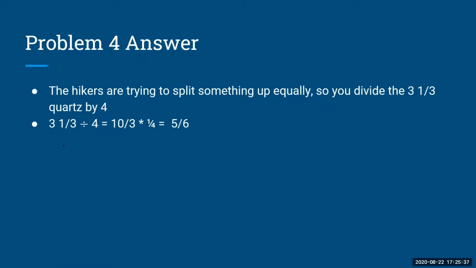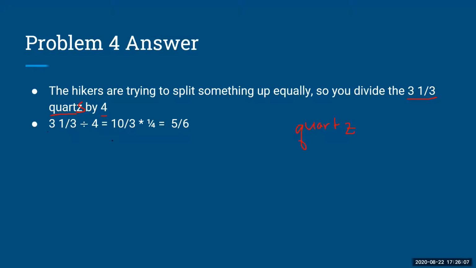Okay, so hikers are trying to split something up equally, so you divide the 3 1/3 quarts. That should be an S. What is wrong with it? I was in a rush. Quartz is a mineral. This quartz with a Z, it's a beautiful looking crystalline mineral. Anyways, you divide the total amount of energy drink by 4 because there are 4 hikers.